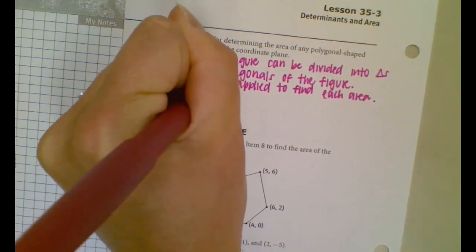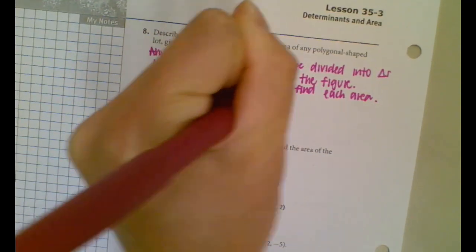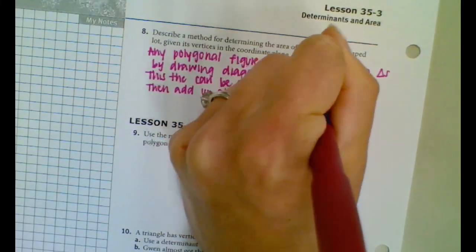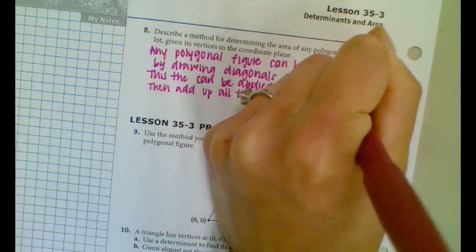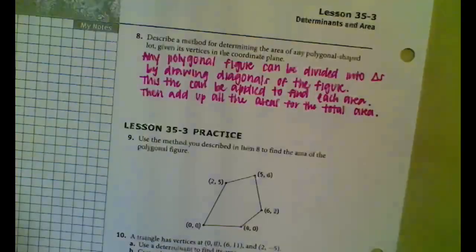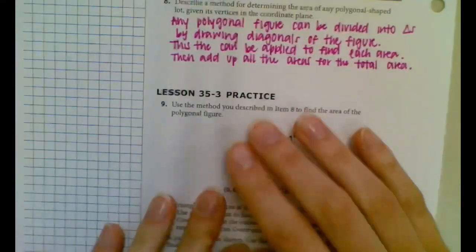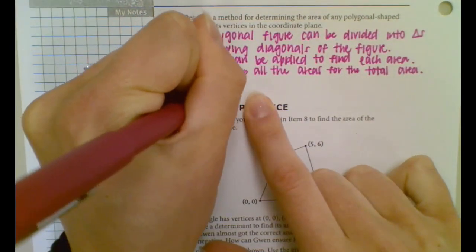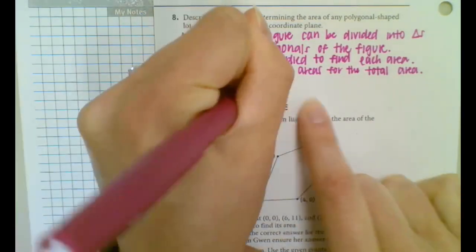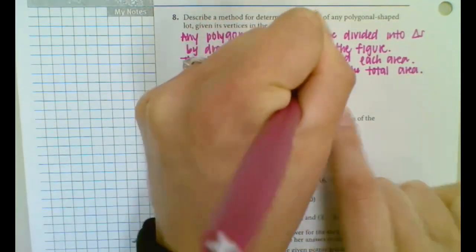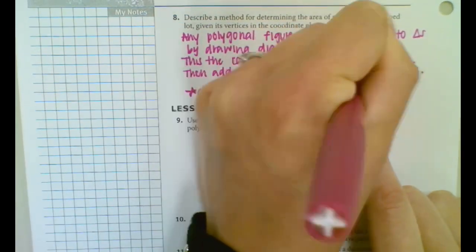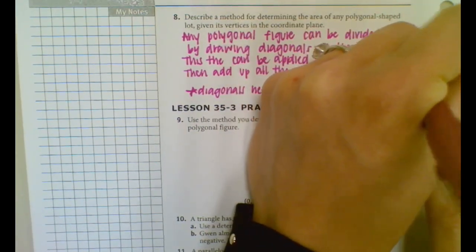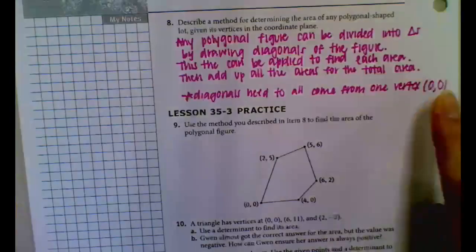Then add up all the areas for the total area. Okay, one key part though that when you guys do this is you need to make sure that the diagonals need to all come from one vertex. I suggest that point being 0, 0.